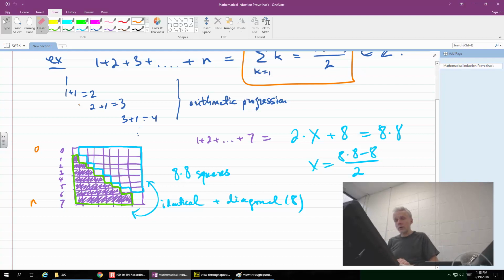So what's the answer then? 1 plus 2 plus n, or I put a 0 here just in case, same thing, is equal to what? So forget about 7, we're talking about n.